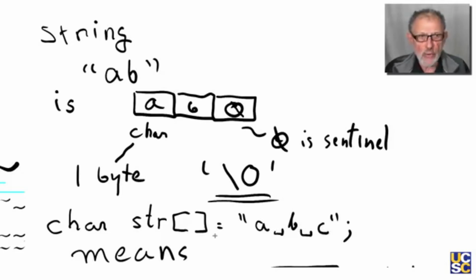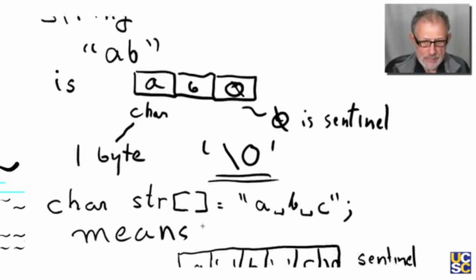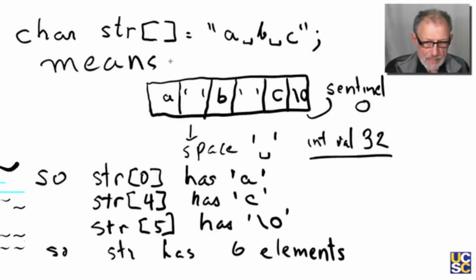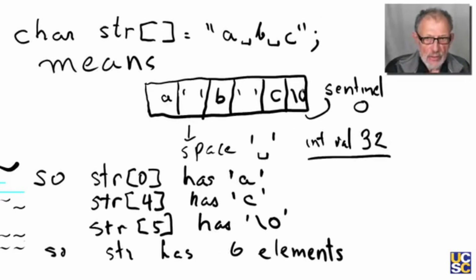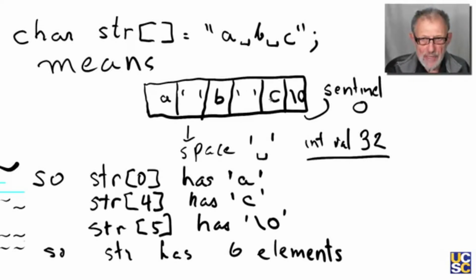So what's that going to mean? That's going to mean, as an internal representation, A space B space C 0, the sentinel character 0. So that's really a 6-element char array.